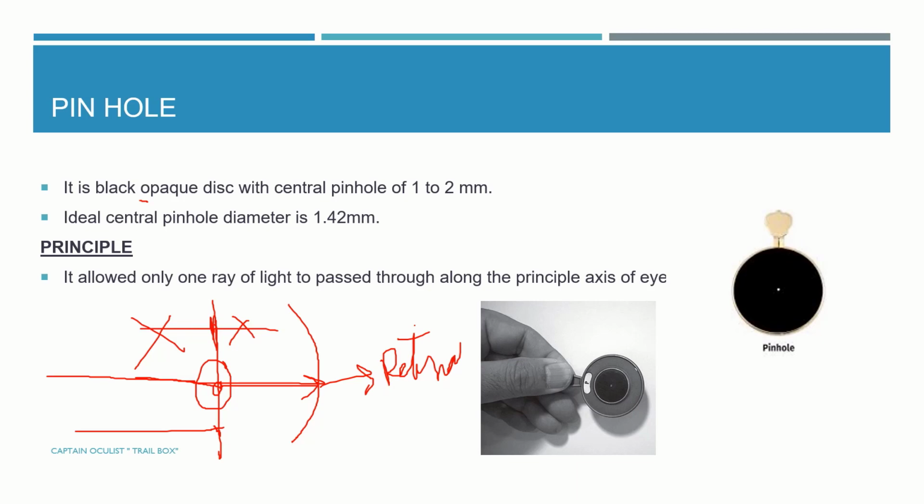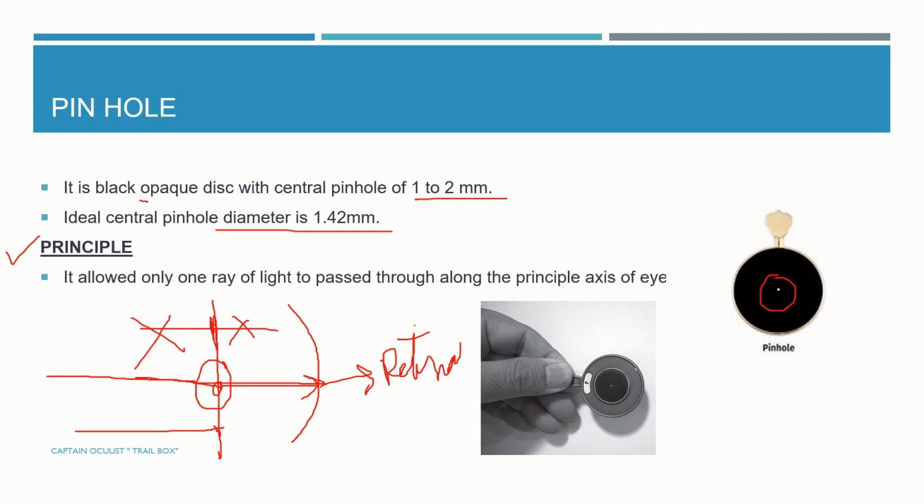And the pinhole is a black opaque disc with a central pinhole of 1 to 2 millimeter. Ideal central pinhole diameter is 1.42 millimeter.